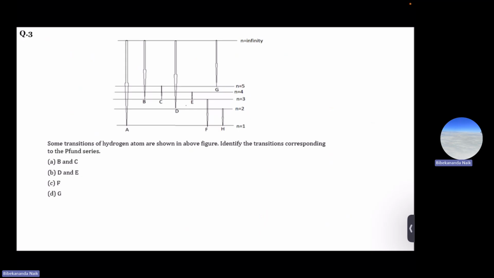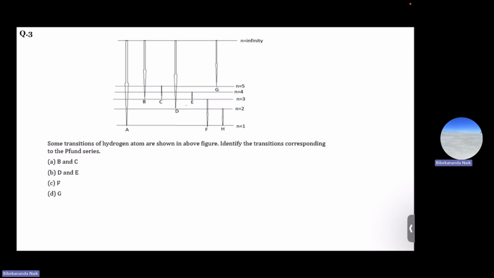So question number 3 says, some transitions of hydrogen atoms are shown in the above figure. Identify the transitions corresponding to the Pfund series. Options are option A, B and C, option B, D and E, option C, F, or option D, G.